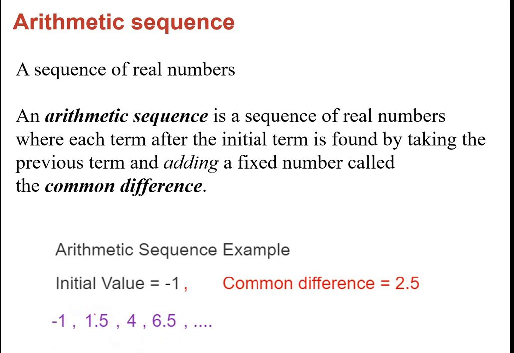If you take any two consecutive numbers and subtract them, there's a common difference. So you can build up this sequence by adding a fixed number to each element. You add 2.5 to 1, you get 3.5. You add 2.5 to 1.5, you get 4. And 4 plus 2.5 is 6.5, and so on. You can build up this whole sequence by adding this fixed number, which is called the common difference.